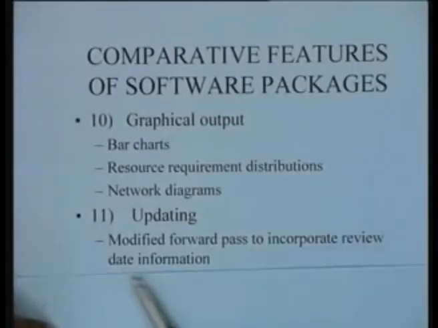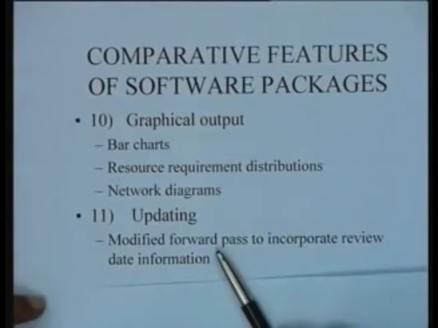So with these revised estimates, if you just do a modified forward pass to incorporate the review date information, you will have updated information on the critical path and the forecast of the project completion time. This is how you are going to compute the information on the project completion time. So the question is, do packages have this kind of facility for updation? That is another feature of some of these packages.